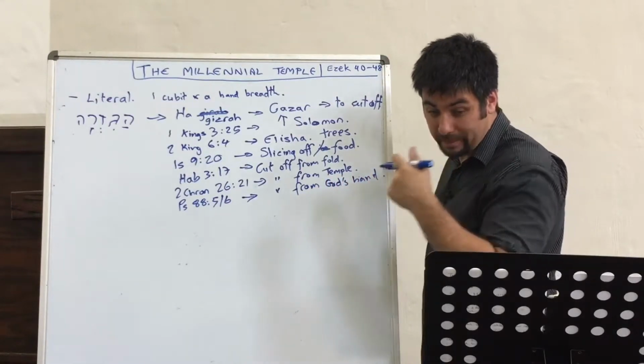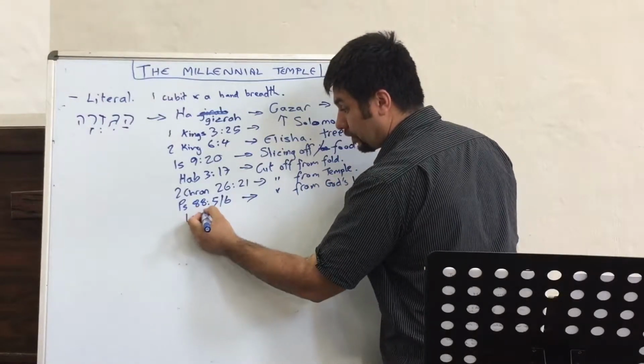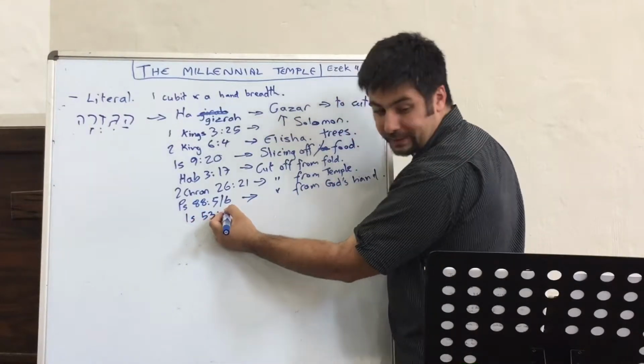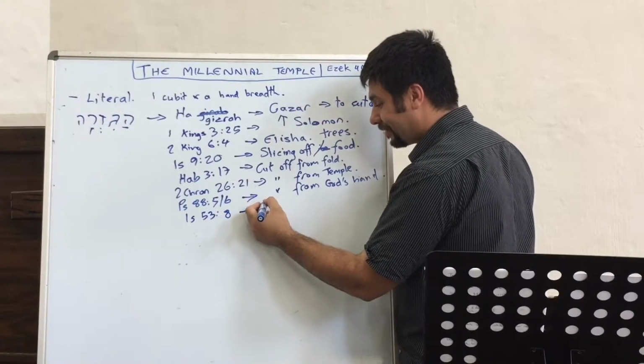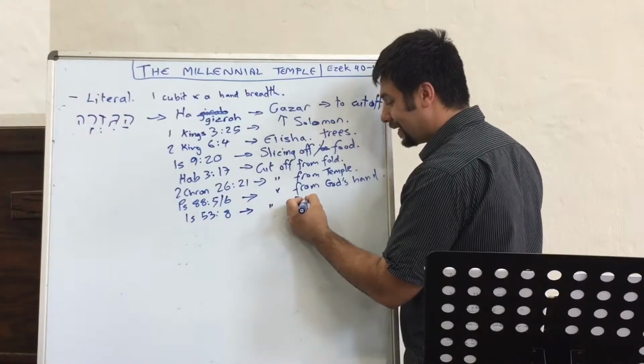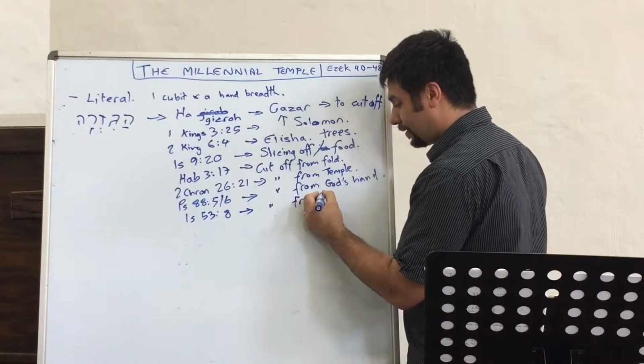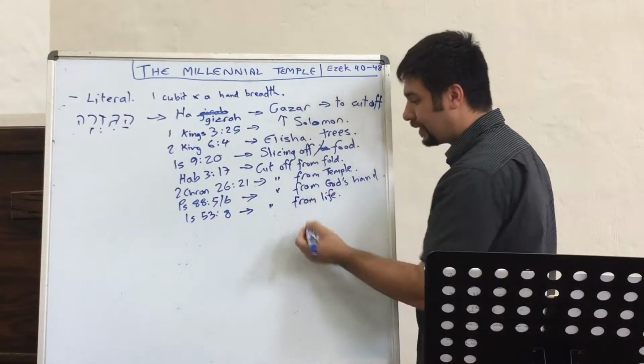And then Isaiah 53 verse 8 means cut off from the land of the living. Means dead. Cut off from life. Cut off from the land of the living.